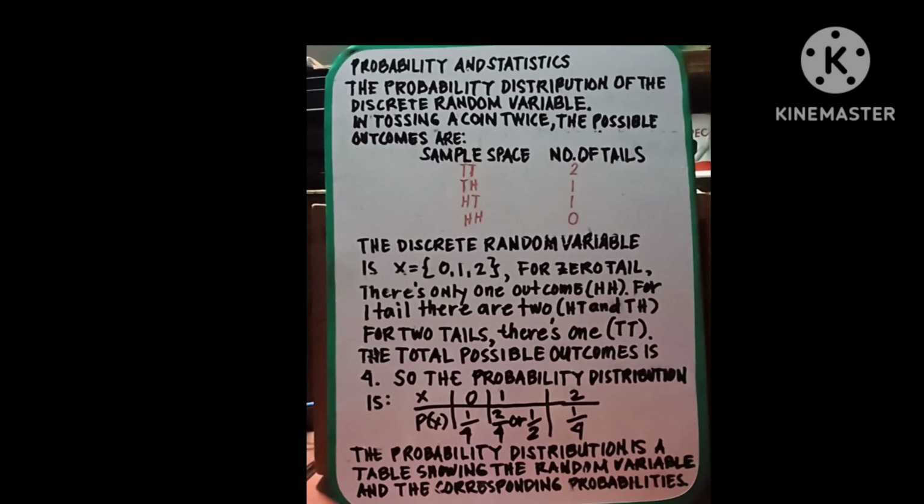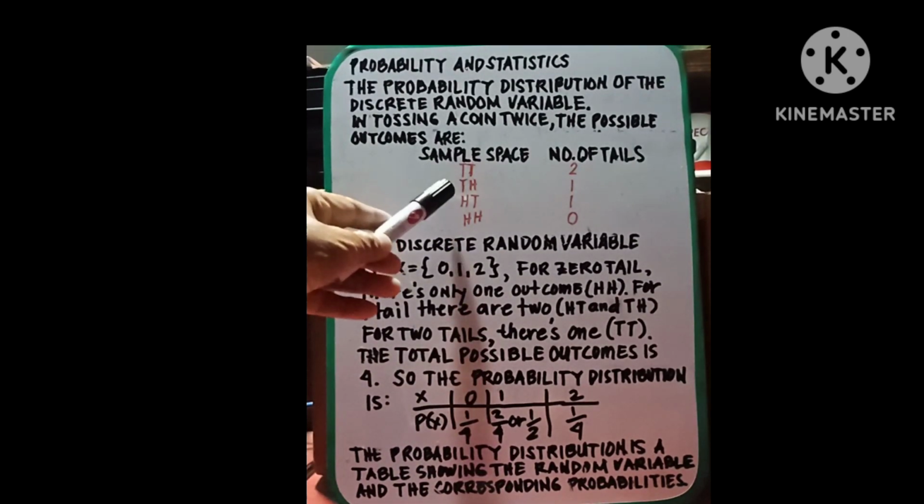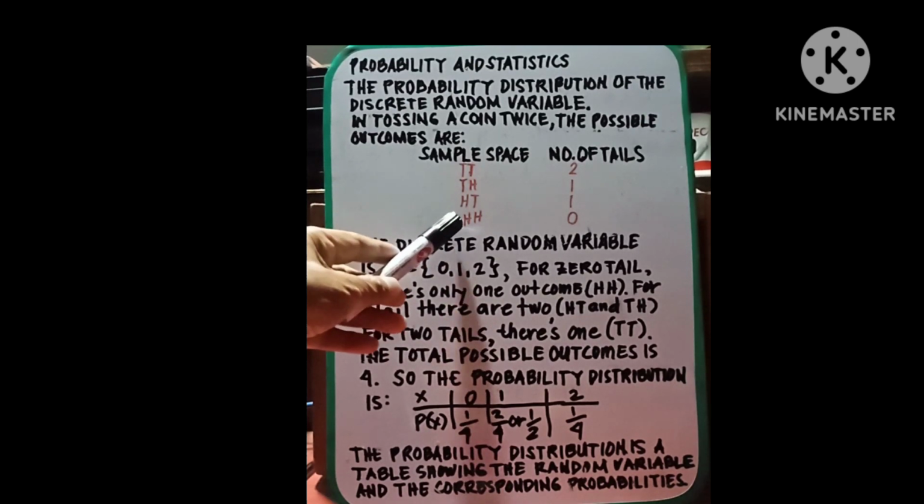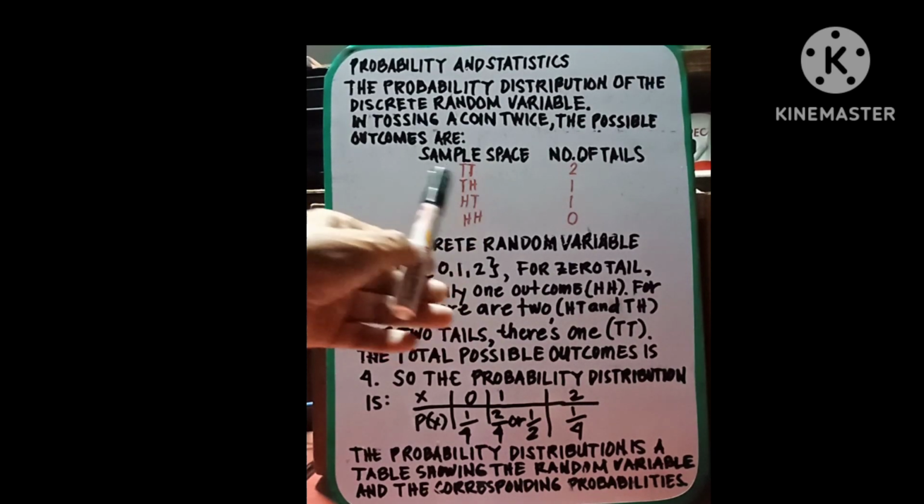Hello, here I am back in my channel, and in this presentation we are going to deal with the probability distribution of the discrete random variable. In tossing a coin twice, the possible outcomes for the sample space are: tail-tail, tail-head, head-tail, and head-head.